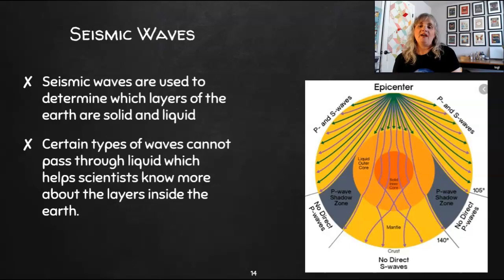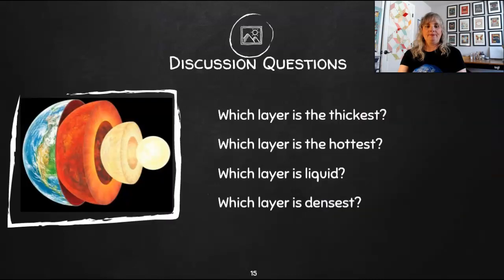So if we have an earthquake, scientists can measure these waves on different parts of the Earth, and that is how they know that the outer core is liquid, because certain waves can't go through it, and the way that they deflect from there makes them know that the outer core is made up of a liquid. So they can examine these seismic waves and determine what the different layers of the Earth are like. So that's how scientists know that.